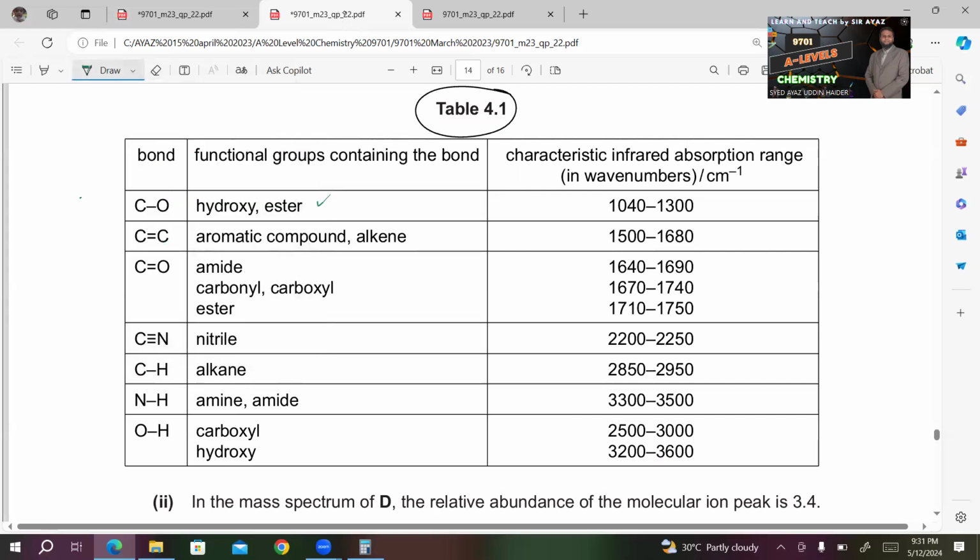Hydroxy, C-O, there's a possibility. What about alkene? Yes. Nitrile, C triple bond N, yes. Alkane, yes. Amine, yes. Hydroxyl OH, yes.